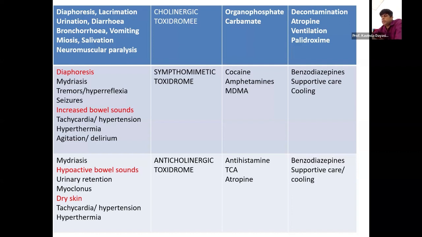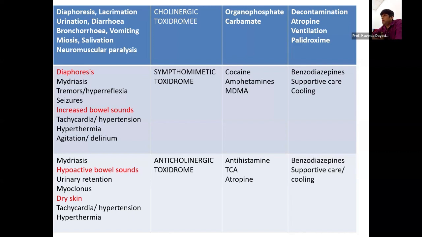Sympathomimetic and anticholinergic toxidromes are somewhat similar syndromes. What I put in red here are the distinguishing features between the two. Sympathomimetic toxidrome can occur due to ingestion of recreational drugs like MDMA, commonly known as ice, amphetamines, and cocaine also. They present with increased sympathomimetic activity, resulting in tachycardia, hypertension, hyperthermia, agitation, delirium, tremors, dilated pupils, and convulsions.